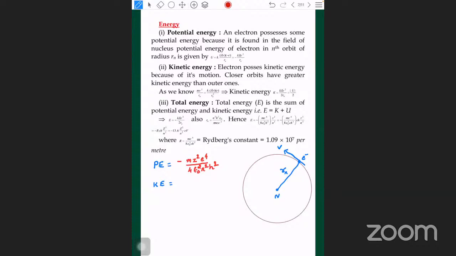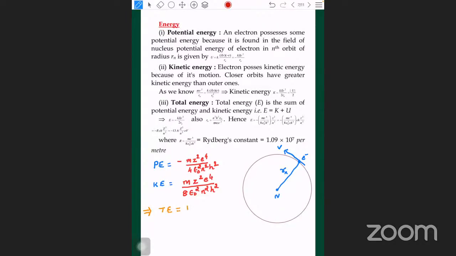What will you get for kinetic energy then? Kinetic energy will be positive m Z squared e to the power 4 divided by 8 epsilon naught squared n squared h squared. If you know the potential energy and the kinetic energy, you can find the total energy.